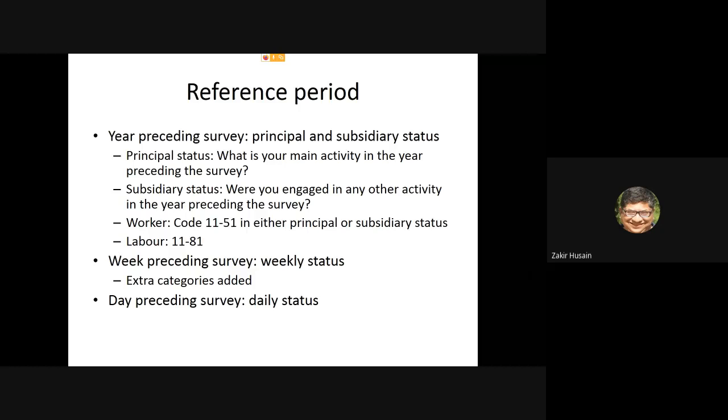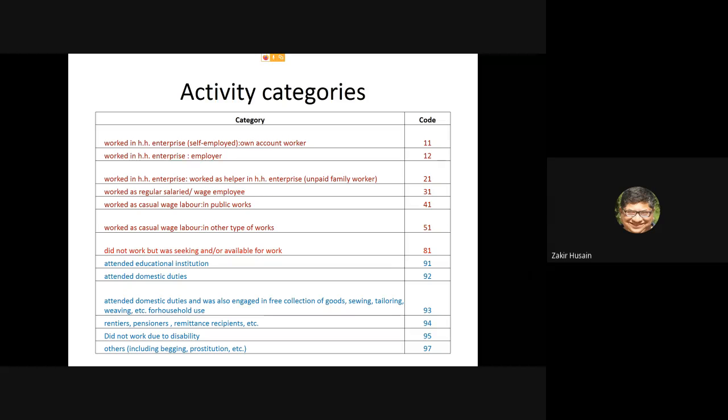So, for instance, let us take this year, you are a student. That is your principal activity. You will be in the category 91.